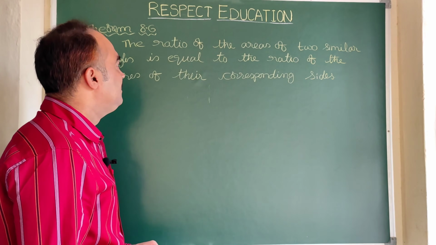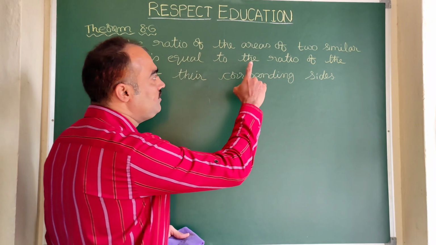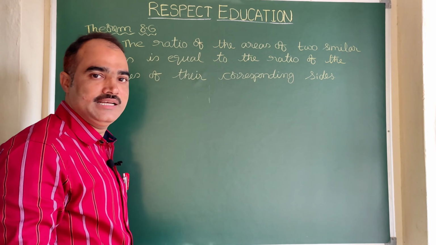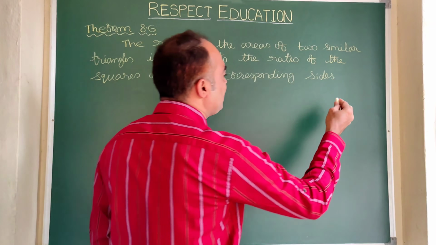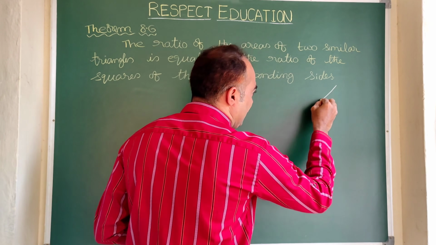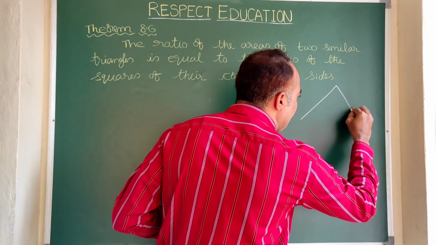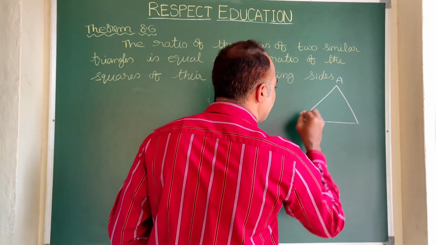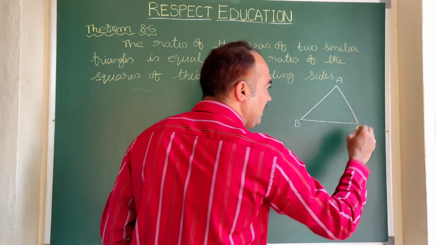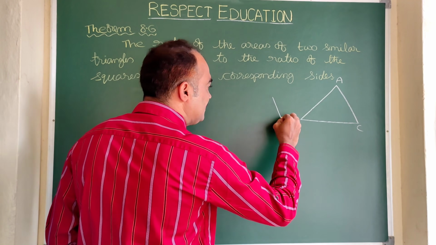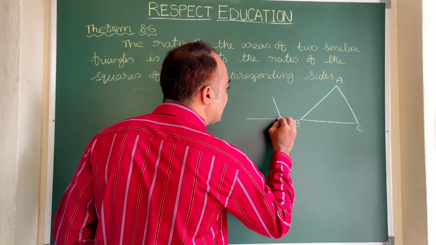The thing is that the ratio of the areas of two similar triangles. Let us consider two similar triangles. So for example, here I am taking a triangle ABC, and another triangle, as they are similar, same shape but different size.